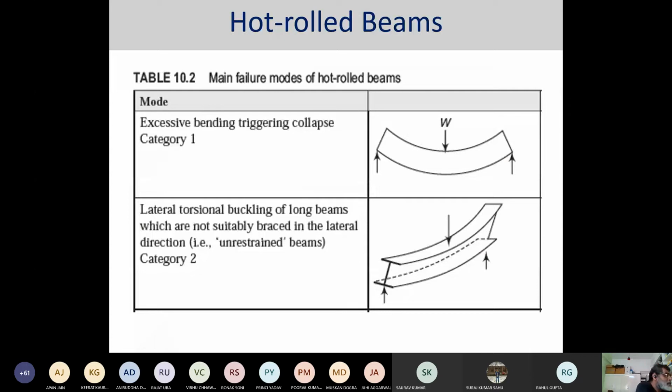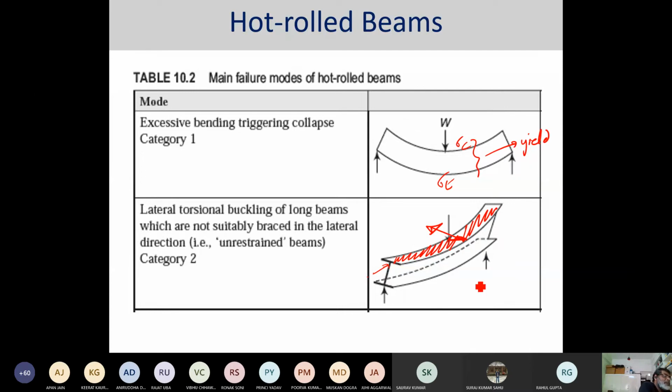Then you have got hot rolled beams. Now, what are the main failures of a beam? One is excessive bending, which means that either your sigma T or your sigma C reaches yield. And another is instability, which is that you end up getting a buckling in that direction. What happens is that when you have a beam, this ends up becoming a compression flange.